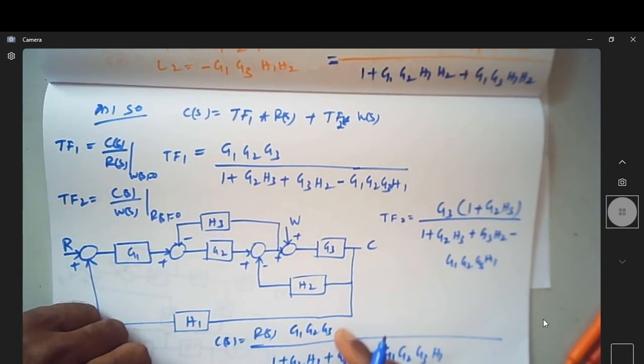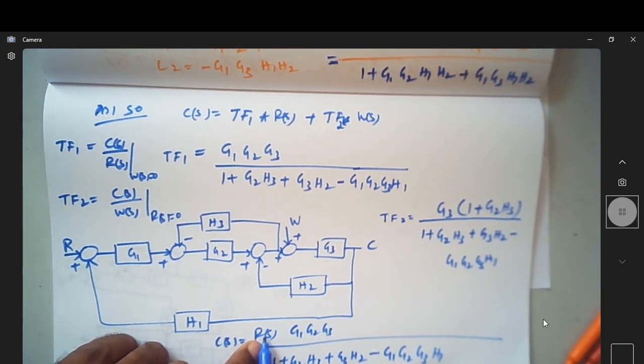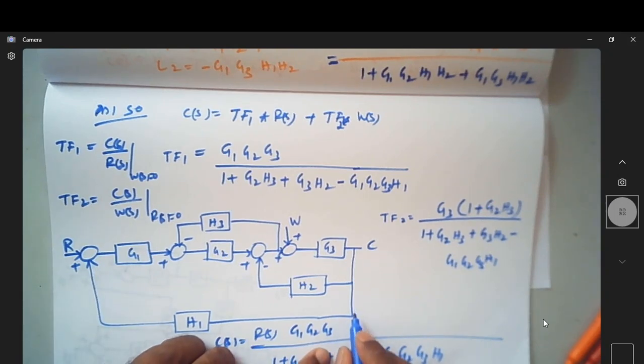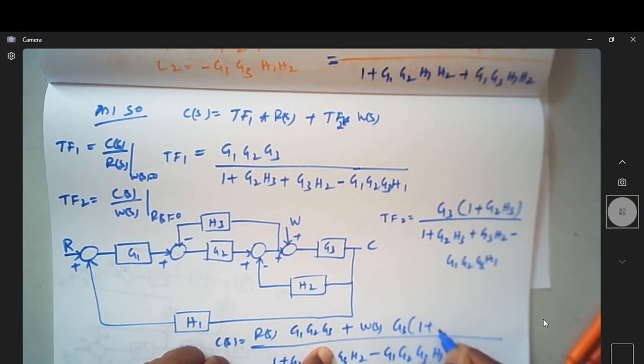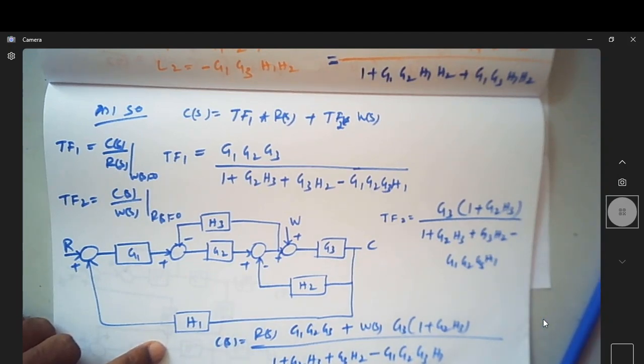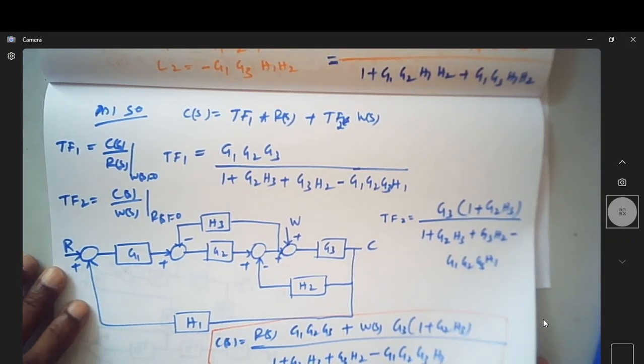So this is my denominator, which is common, and this is corresponding to R(s), and corresponding to W(s), it is W(s) multiplied by G3 into 1 plus G2 H3. So this is my ultimate output expression. C(s) is given by this.